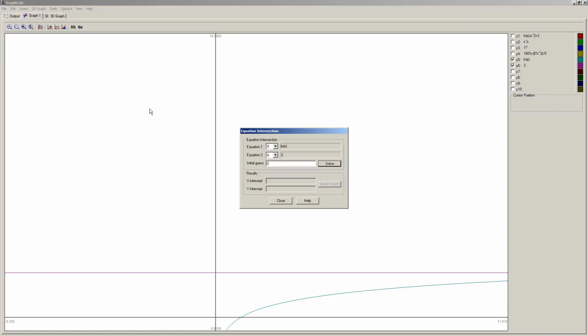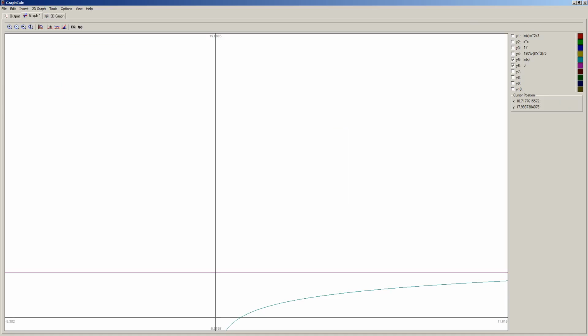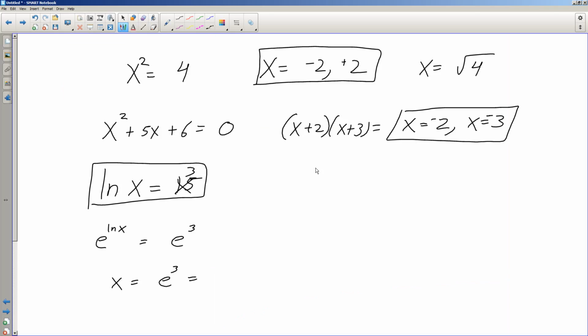Intersections of two equations, solve natural log of x is equal to 3. So you can see that value is about 20. Okay, so 2.718, or e raised to the third power, gives you a value of about 20. So we can say this is approximately equal to 20. So we know how to solve problems like that.